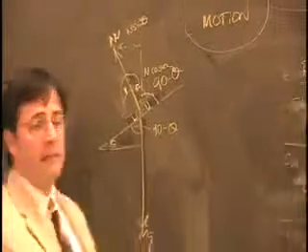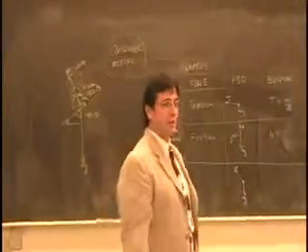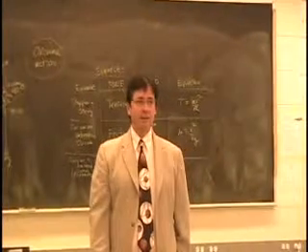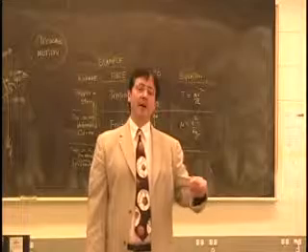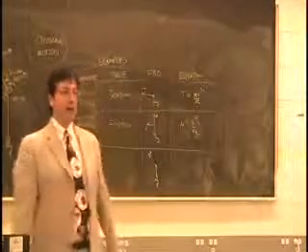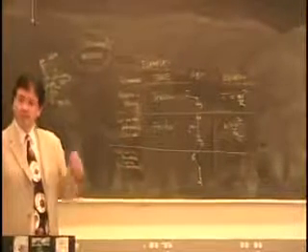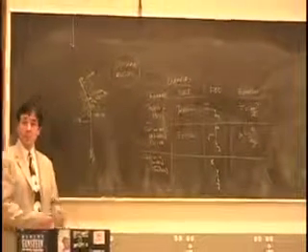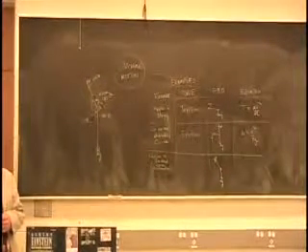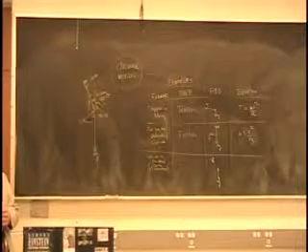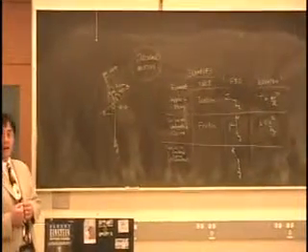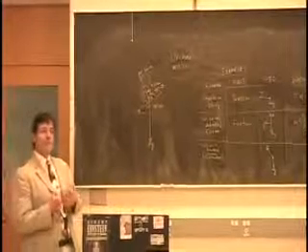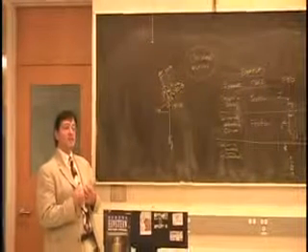Now, what's the force that causes it to go around the curve? What is the string that's pulling it to the inside? What force is pulling to the inside? It's the centripetal force, that's what it's going to be equal to, mv squared over r. But what physical force is actually producing that?